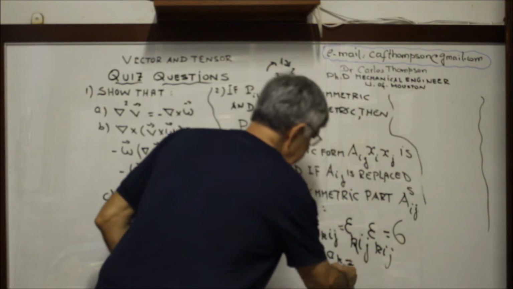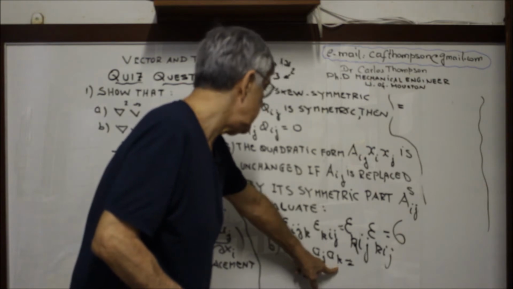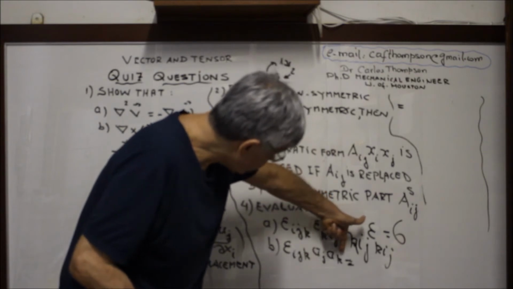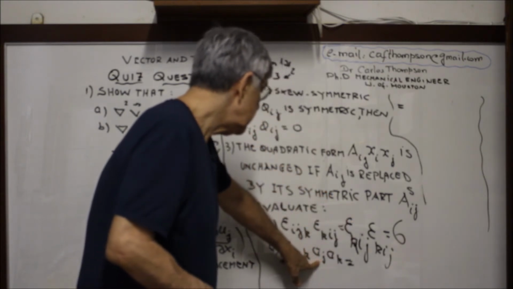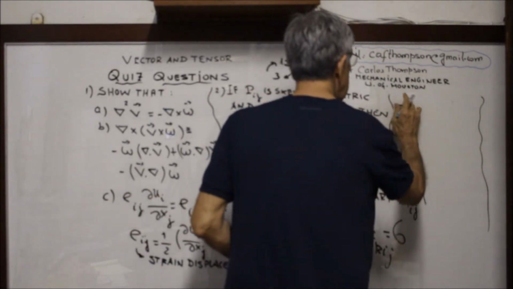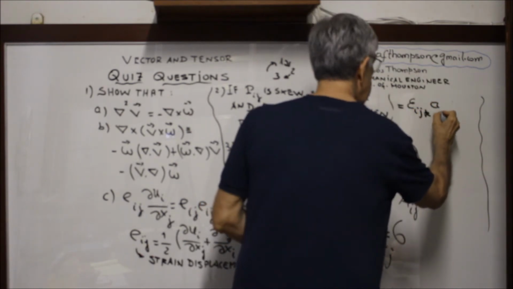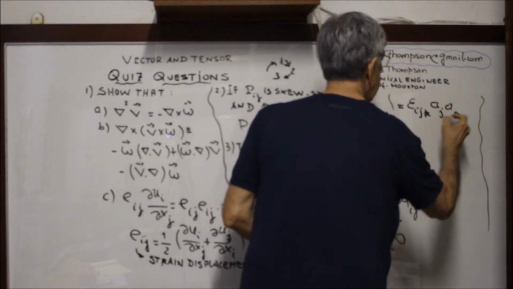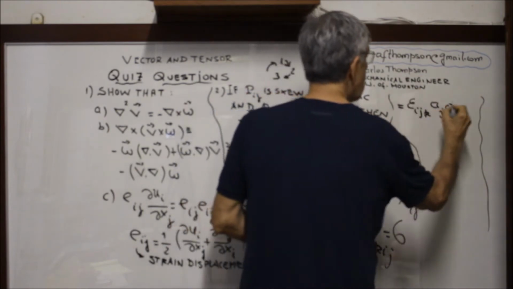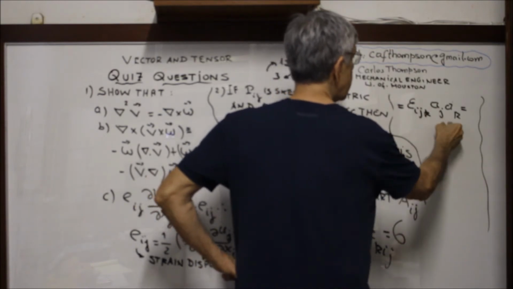Now, this is an important point that I'll make. Let's write this equality right here. You see, AjAk is symmetric because I can exchange k and j right here. It will be the same. Now, epsilon ijk AjAk. You see, this is a vector, with i over here the free index. So this is equal to: now, let's exchange j and k, right here and right there.